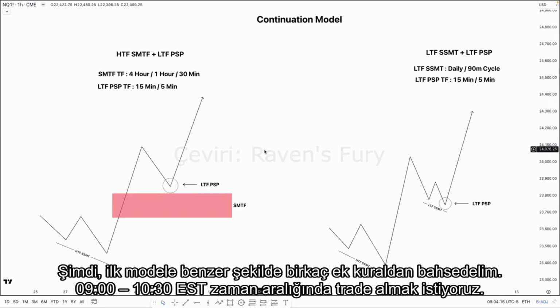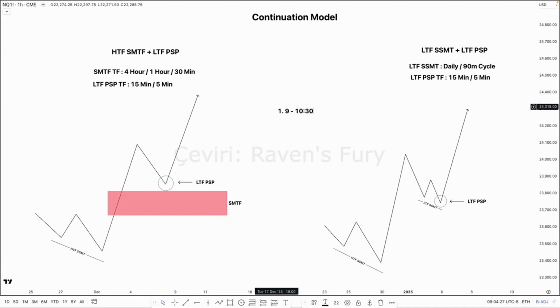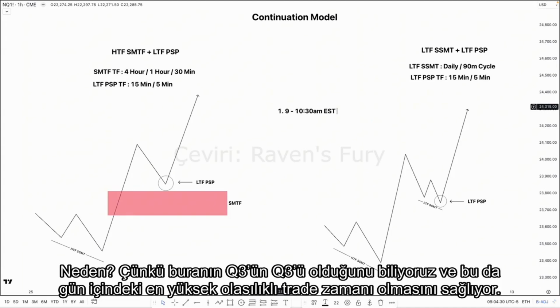Now, a couple extra things. Similar to the first model, we'll be looking to trade 9 to 10:30 a.m. EST. Why? Because we know this is our Q3 of Q3, making it the highest probability trading time within the day.